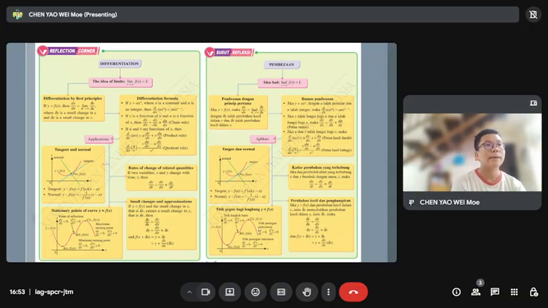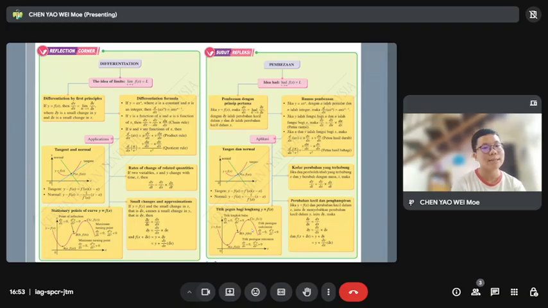Now we have touched on the applications: tangent and normal, and you can use differentiation in rate of change. You know about stationary points, which we also call turning points. Also, you can use it for small changes and approximations. That's all for Form 5 Chapter 2 differentiation.